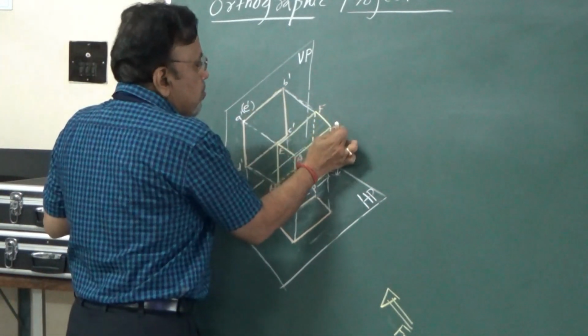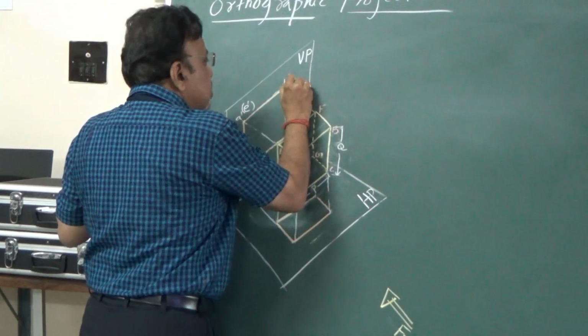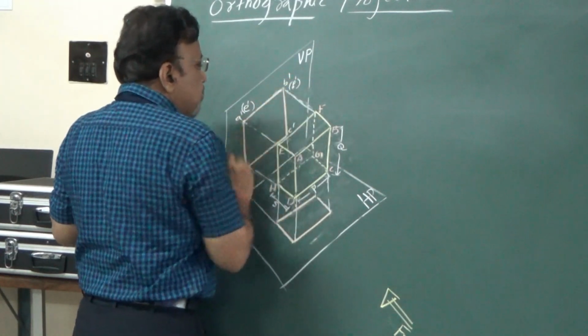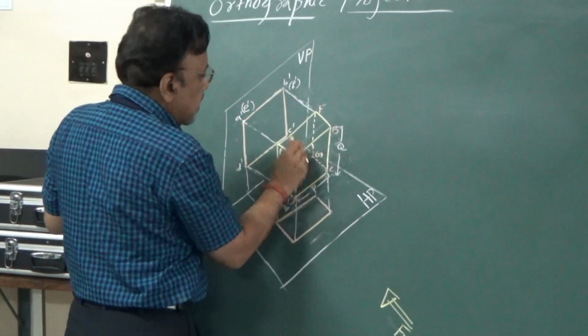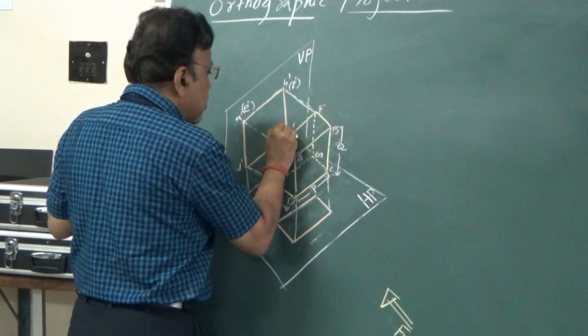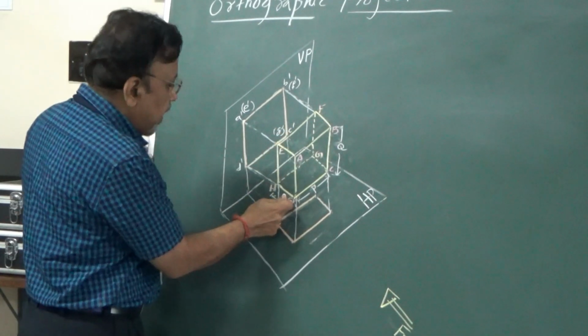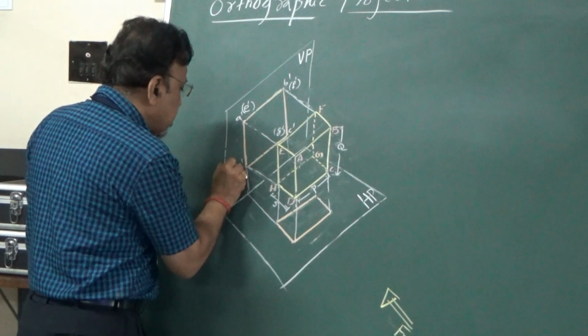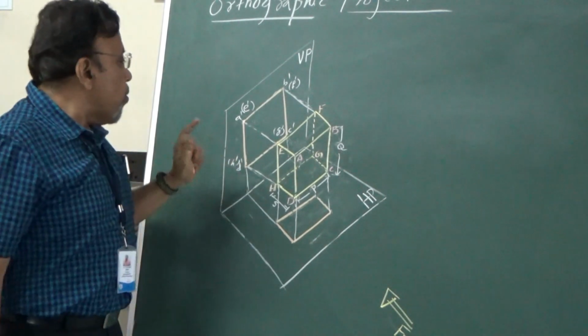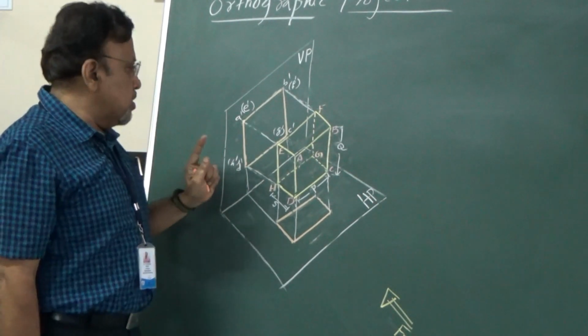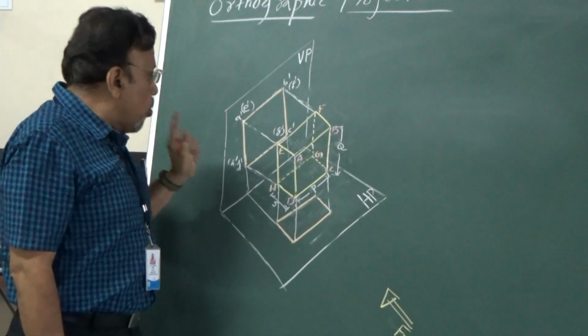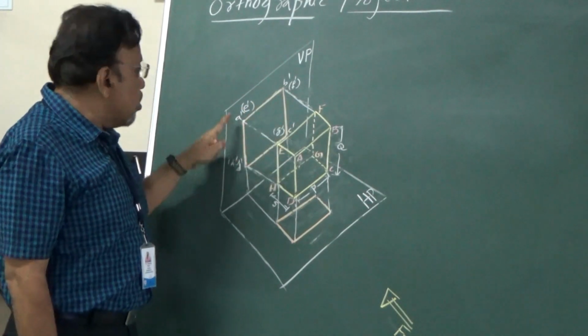Similarly here, behind B we have this F, so I say F dash. Similarly, behind C we have this G dash, and behind this D we have this H dash. So as you can see, the convention in the front view is that we show these points as small letters.